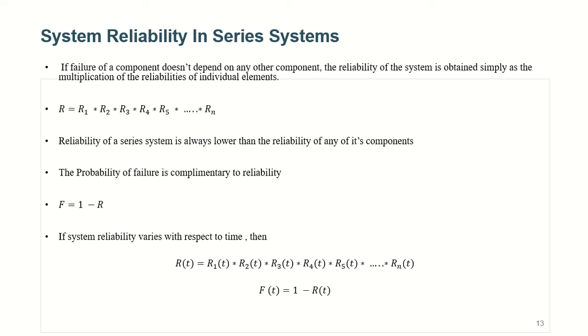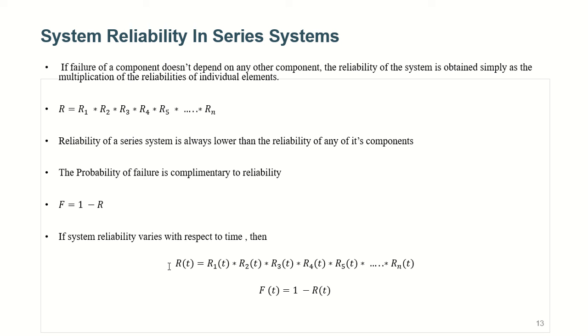We can give it using this formula: R of t equals R1 of t into R2 of t into R3 of t into R4 of t into R5 of t, up to Rn of t.